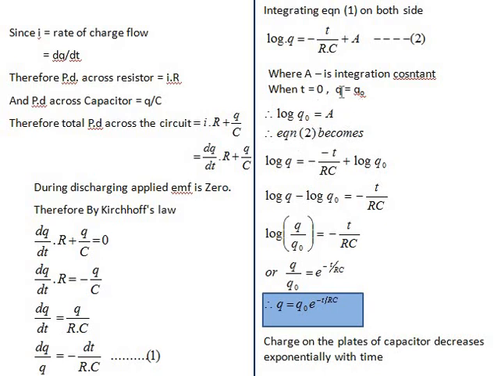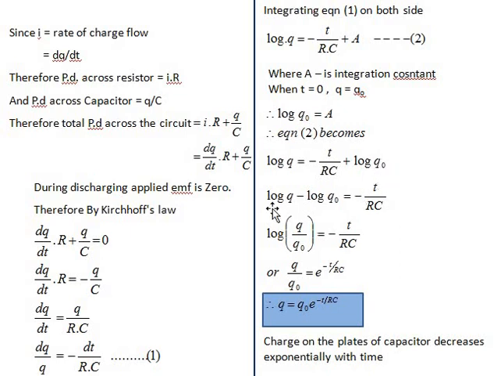Substituting these two values in equation 2, we get log Q naught = 0 + A, since at t = 0 the term becomes 0, so it equals A. Therefore equation 2 becomes log Q = -t/RC + log Q naught.